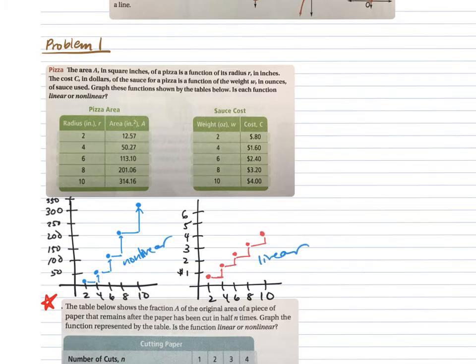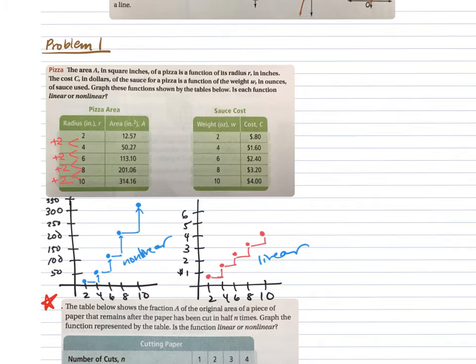All right, and that is why, right, as this changes by 2, this goes up. Actually, let me show you this using the graph. So you can see here, if your independent variables are all going up by the same amount, these are all going up by 2. And then how much are those changing?